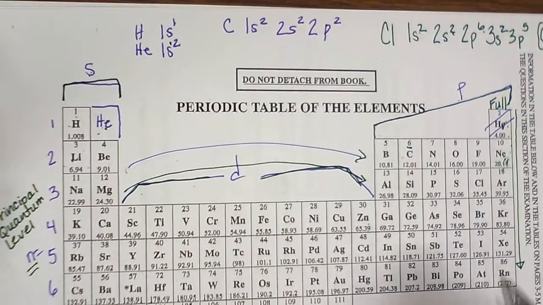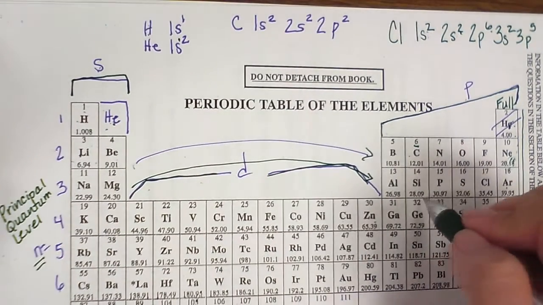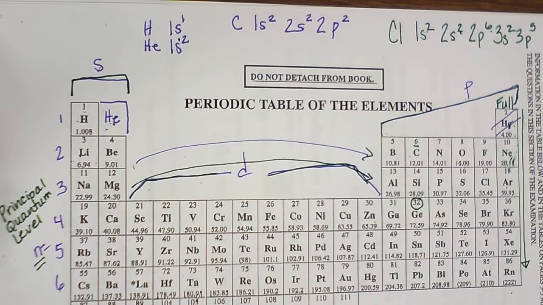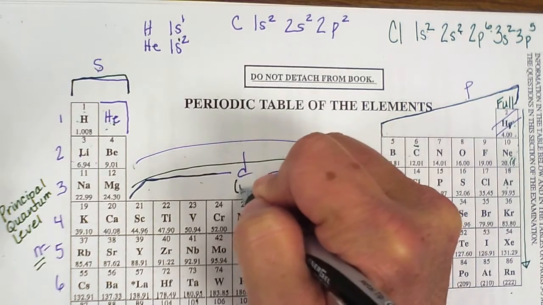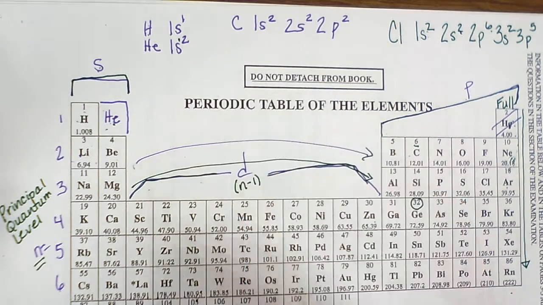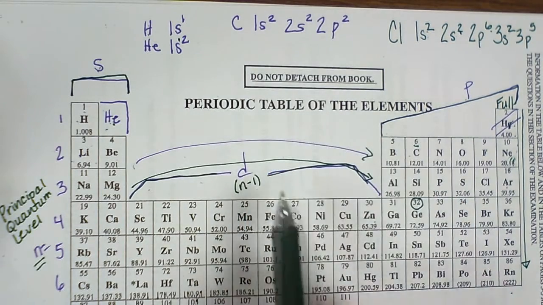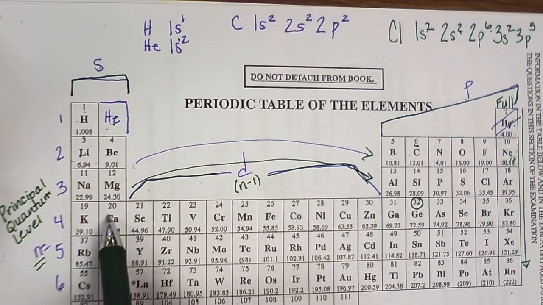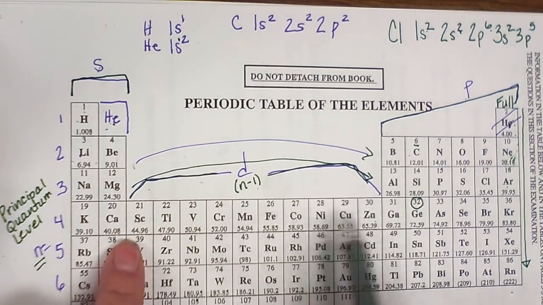Let's do germanium, number 32. Now, when you do germanium, there's a trick that you need to know about, another step. D is N minus 1. So when you get to D, it's going to be 4s2, but then you're going to get to D, which, by the way, is D10, right?